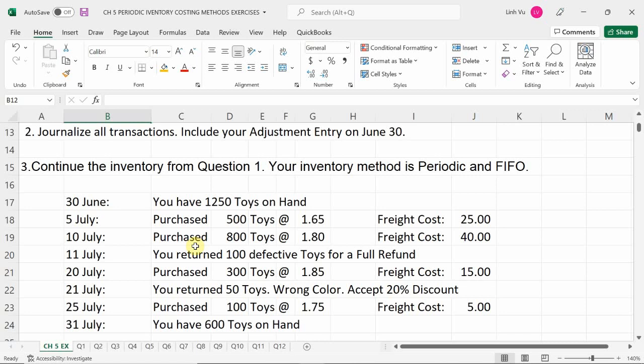If you find some wrong or broken items, that's where you establish, okay, I need to make a return. You won't be able to predict it. But in this case, this is a scenario that we just created. So we do know there will be a change for this batch of inventory. So we purchased 800 toys at $1.80 with a freight of $40.